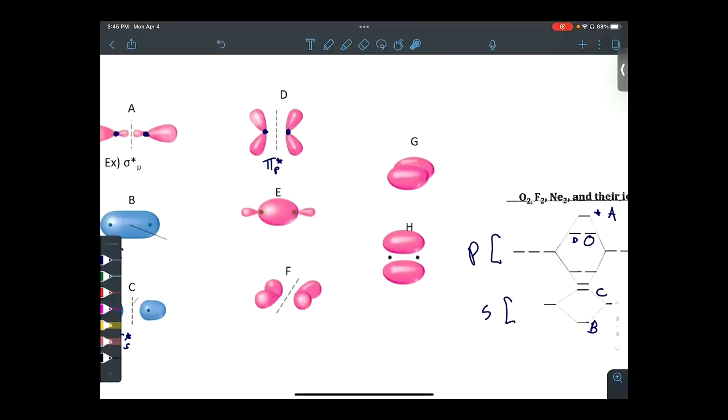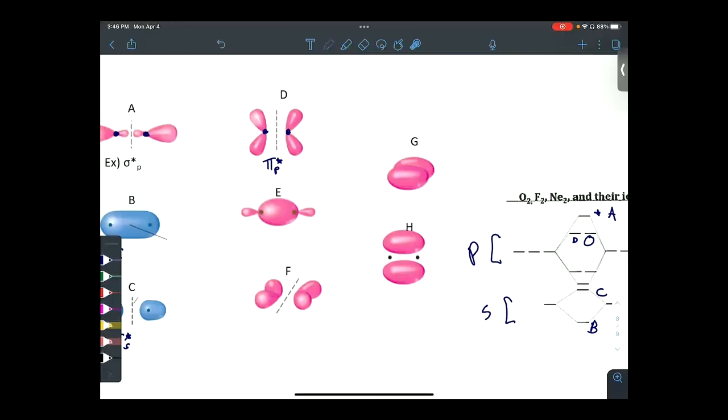Yes, we're looking at it at a different orientation. If we stood above it, it would look like a butterfly. So D and F are the same, just different orientations. That's why we have to have two lines for pi interactions on an MO diagram, because there are two degenerate pi interactions happening.